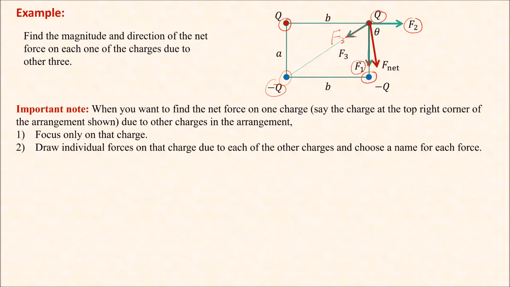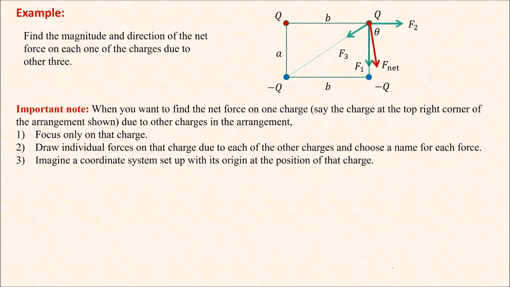All right? And then imagine a coordinate system set up with its origin at the position of the charge, with X and Y drawn from the charge Q. Then split each force into its components in that coordinate system.